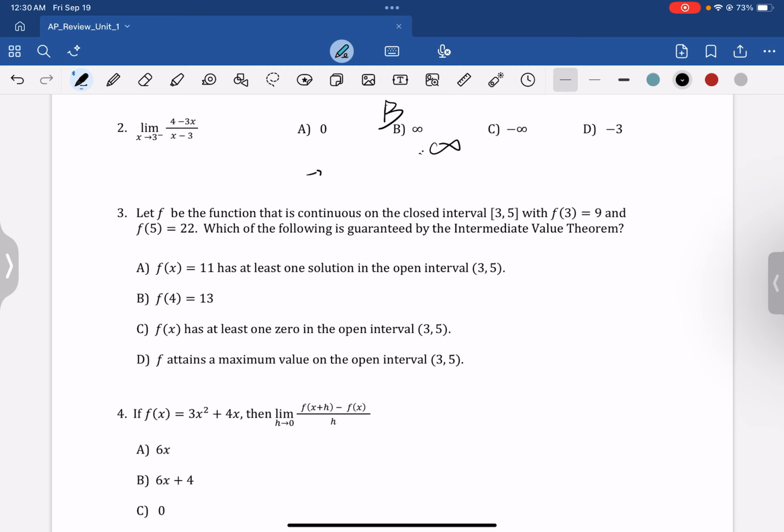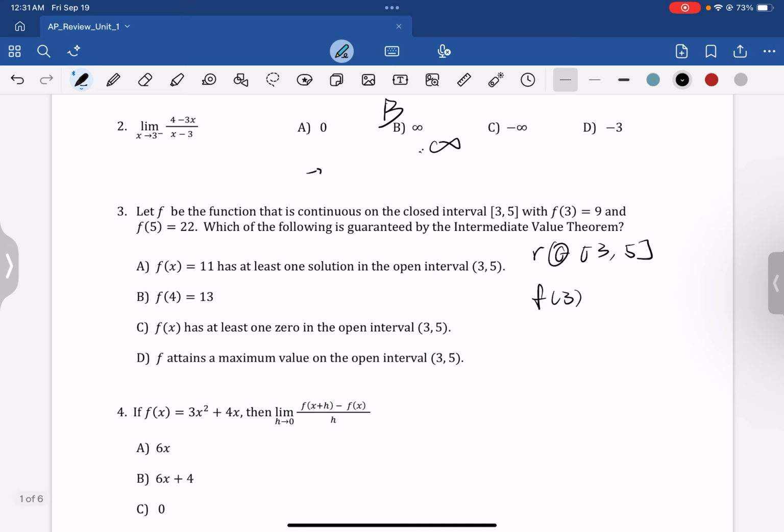It basically means that if a function is continuous on a closed interval, then, for this question as an example, if r belongs to the interval, there will be an f of 3 less than or equal to f of r, less than or equal to f of 5.